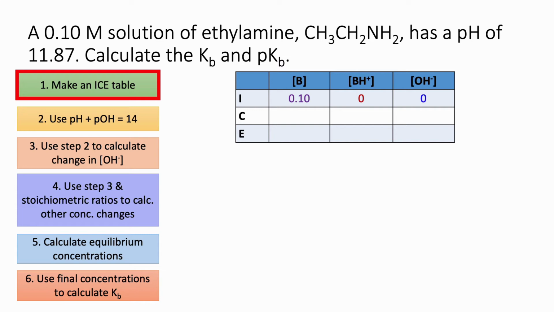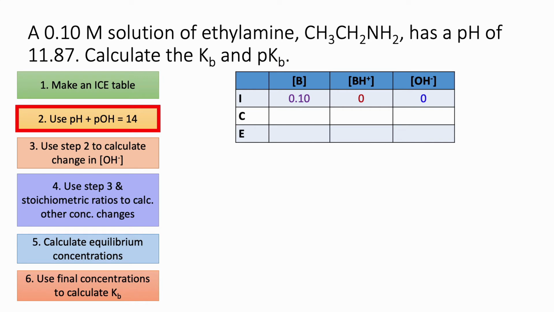The protonated base and the OH minus. The next step is to use pH plus pOH equals 14 to find the pOH. So we can rearrange that equation to get that pOH equals 14 minus pH. 14 minus our known value of 11.87 gives us a pOH value of 2.13.